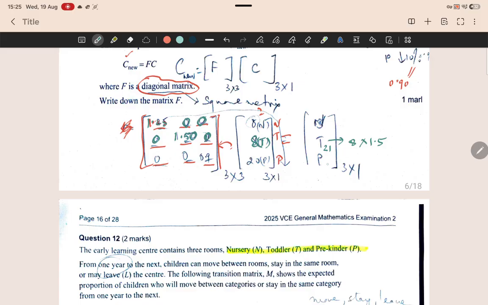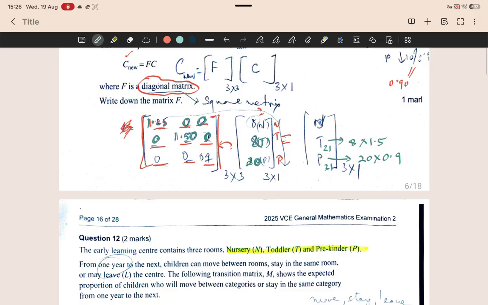Now this third position answer is to be reduced by 10%, which means what I want, third row, first position answer, the only calculation I want is the number of pre-kinder students, which is 20, to be multiplied by 0.9. And this is the answer to the third row, first column.